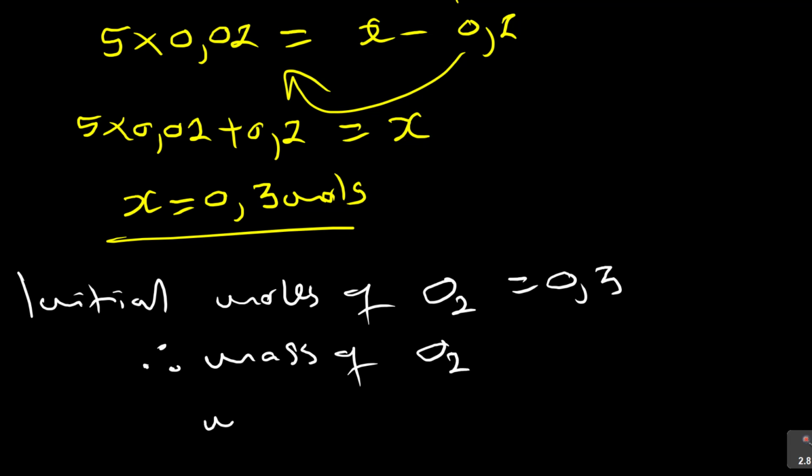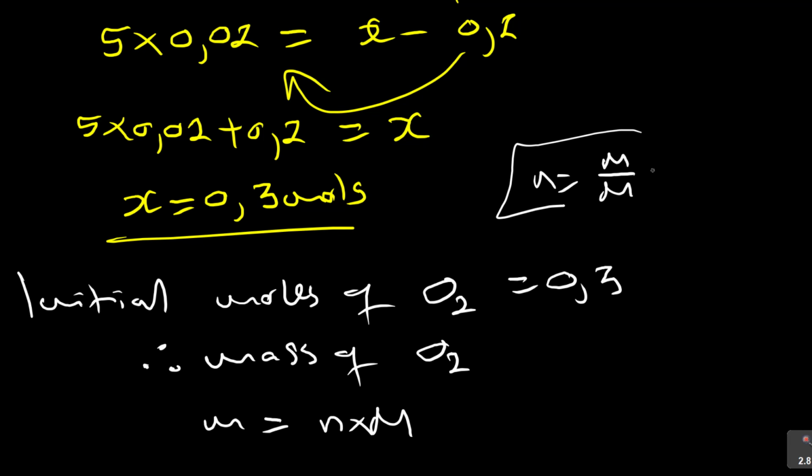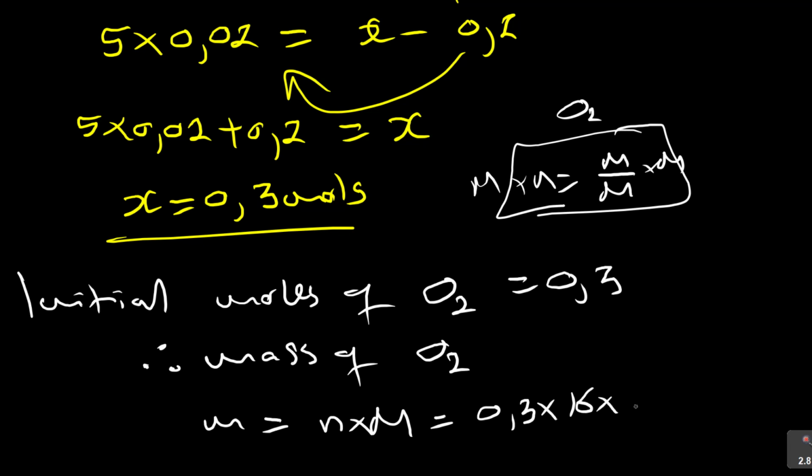You calculate now mass M is equal to N times molar mass. Where am I getting it from? I'm getting it from N is M over M. I see this one, whereby now you multiply by big M, you multiply by big M. So which is equal to, now oxygen O2 is 16 times 2, the big M. Okay, what am I doing here? Let's start by 0.3 times 16 times 2, because it's oxygen.